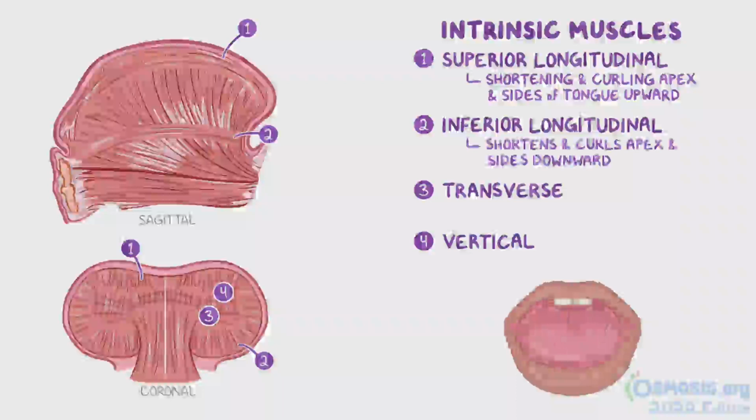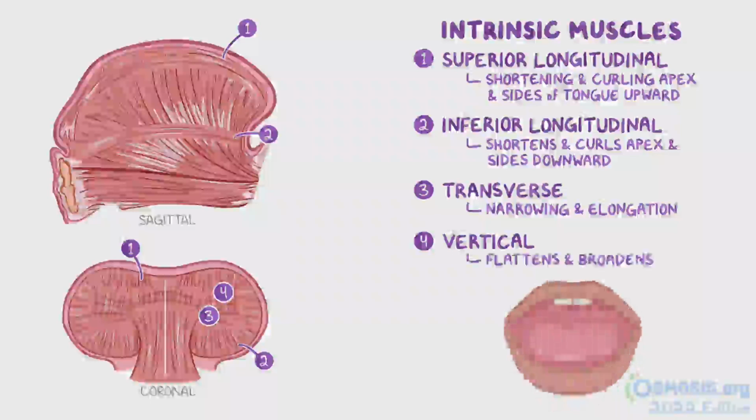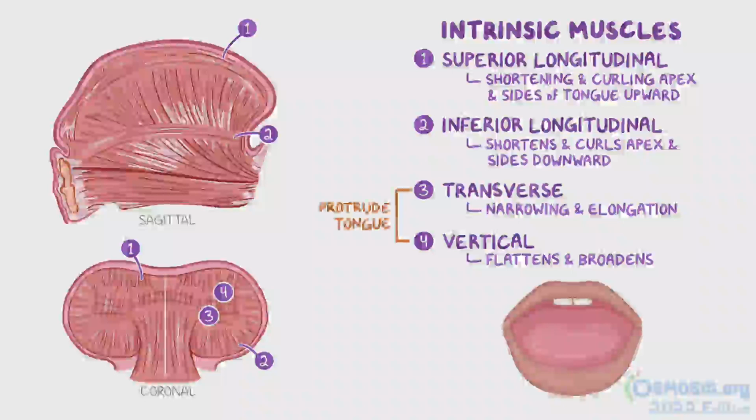Next, the transverse muscle's main role is in narrowing and elongation of the tongue, while the vertical muscle has the opposite effect to its transverse brother, as it flattens and broadens the tongue. These two muscles work together to help protrude the tongue as well.